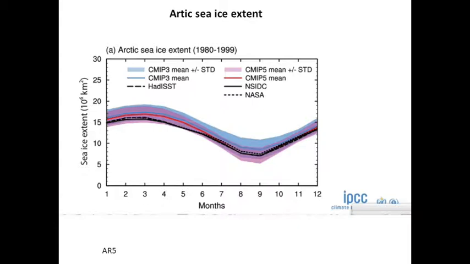So we see that the red is CMIP5, and the black is the observed. So the variability is okay. There is a little bit of overestimation in some months, but the variability is okay.